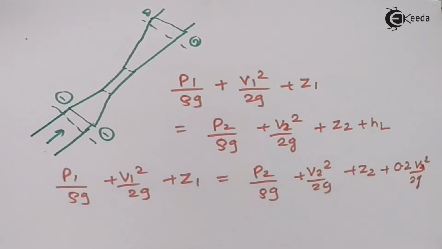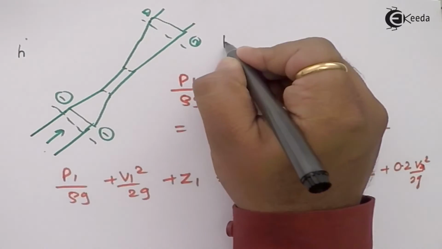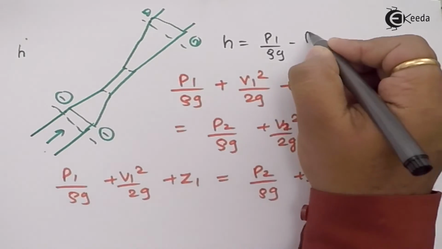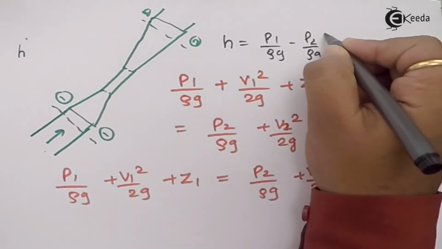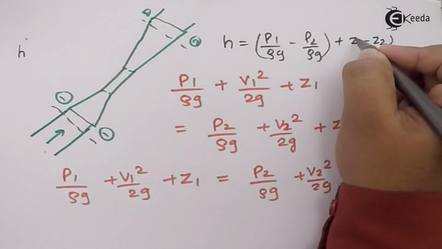Over here we know that the value of h is equal to P1 upon rho g minus P2 upon rho g plus Z1 minus Z2.